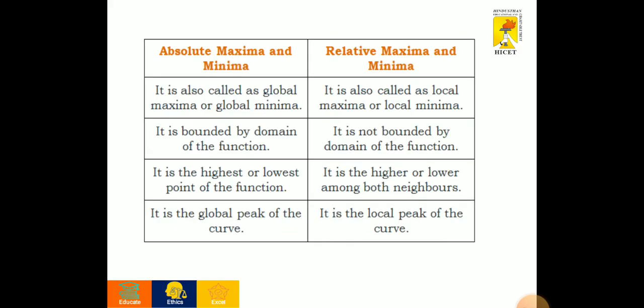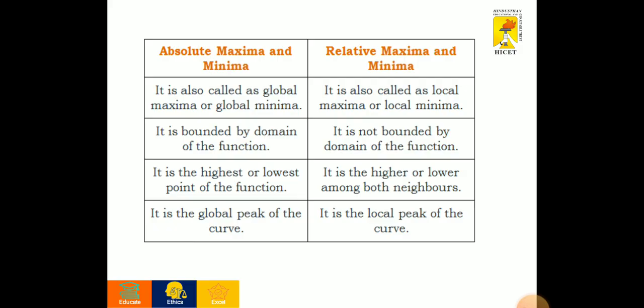Let us see the difference between absolute maxima and minima and relative maxima and minima. Absolute maxima and minima are also called global maxima and minima, whereas relative maxima and minima are called local maxima and minima. The absolute maxima and minima are bounded by the domain of the function. The relative maxima and minima are not bounded by the domain of the function.